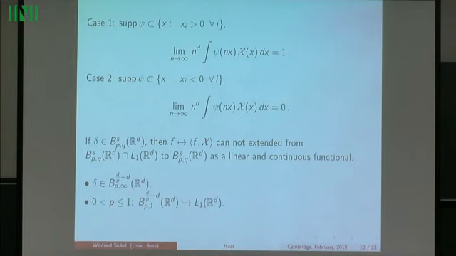If we shift the support to this part of R^d, then the outcome here is 0. So you cannot give a meaning to the bracket of delta with the characteristic function, and that means you cannot extend this mapping from B^s_{p,q} intersected with L1 to B^s_{p,q} as a linear and continuous functional whenever delta belongs to this space.